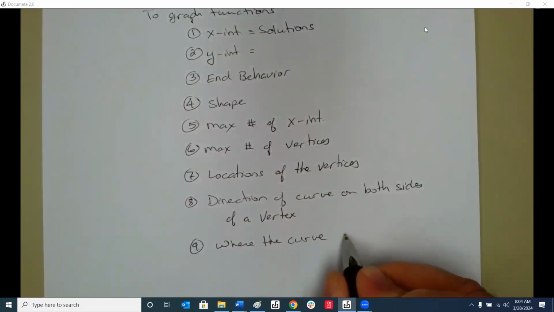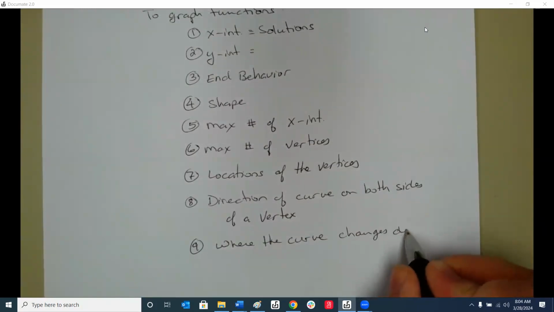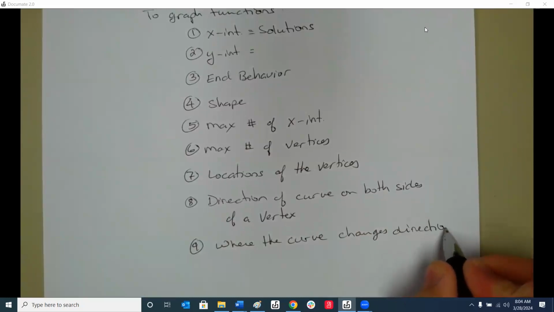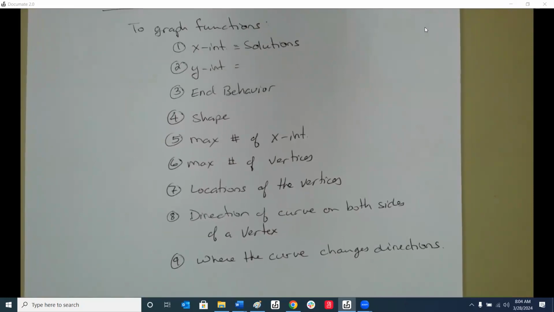Where the curve changes directions. There's a lot of stuff that we have to know. So let's see what we know already.